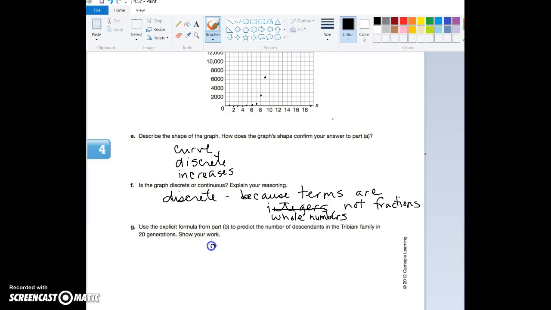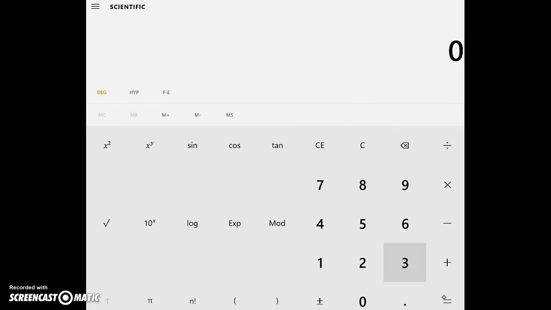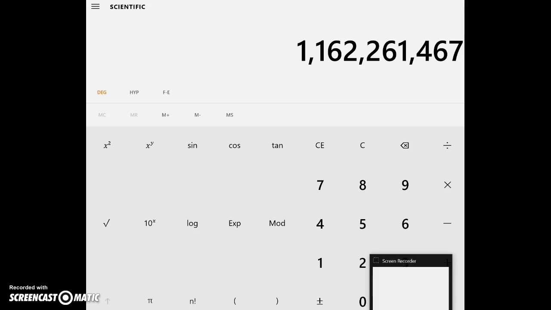We would say G sub 20 is equal to 1 times 3 to the 19th power, and we would just simply clear this. 3 to the 19th power equals, whoa, let's see, 1,162,261,467 descendants. So that's a lot, right? And I don't even want to write all that down. So you write that down on your paper. I'll leave it up for you to copy, or you can pause it.